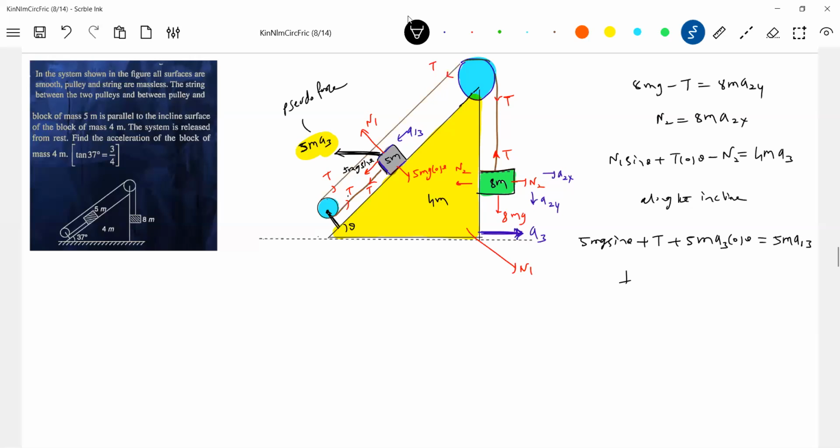Perpendicular to the incline, N1 and 5m a3 sin theta.